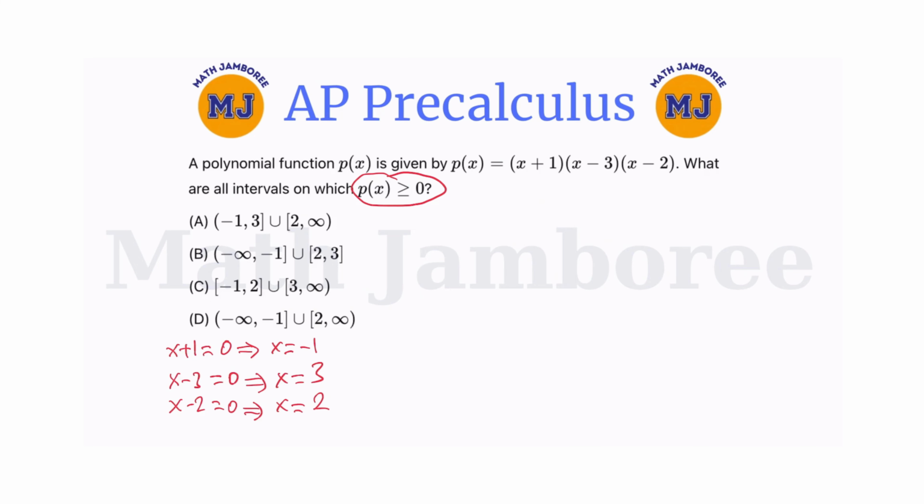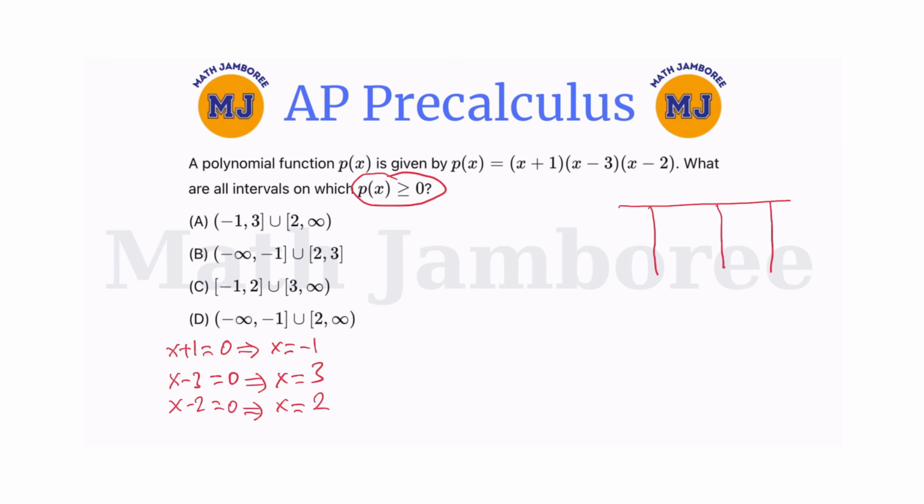Now we need to analyze the sign of p of x in the intervals formed by these roots. These roots divide the real number line into 4 intervals. Let me show you the intervals over here.